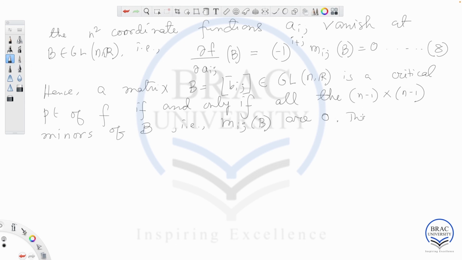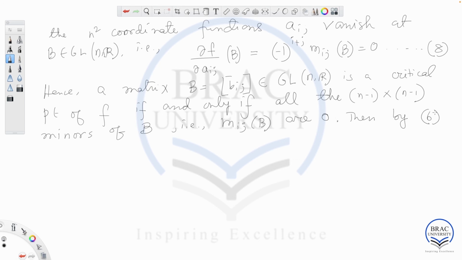Then by equation number 6, so what was equation number 6? Equation 6 was the expansion of the determinant along the ith row.